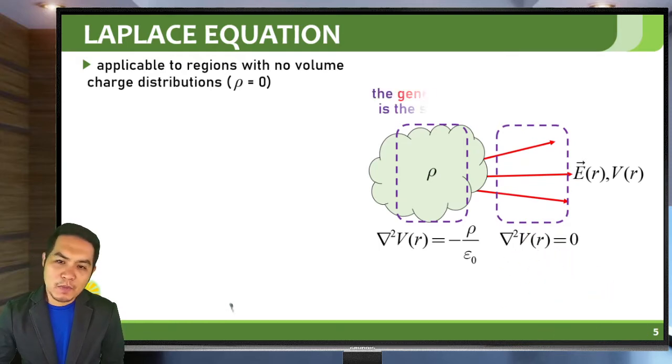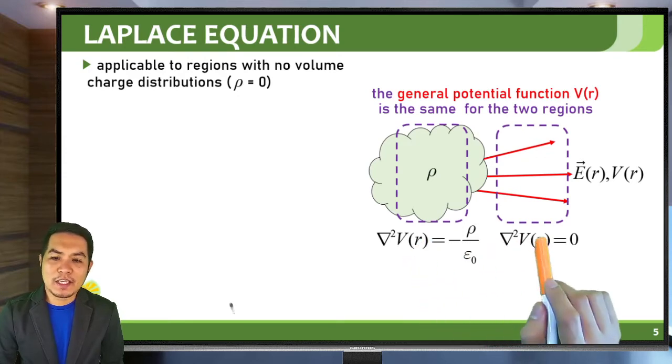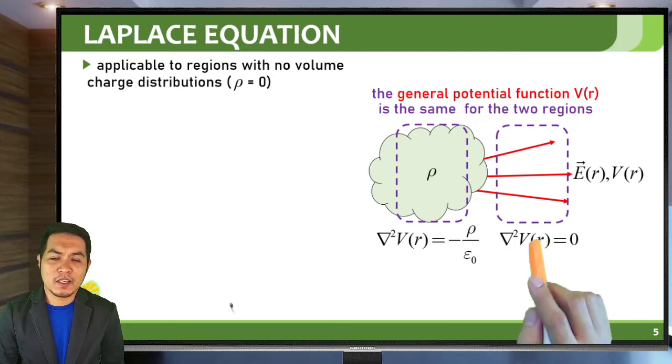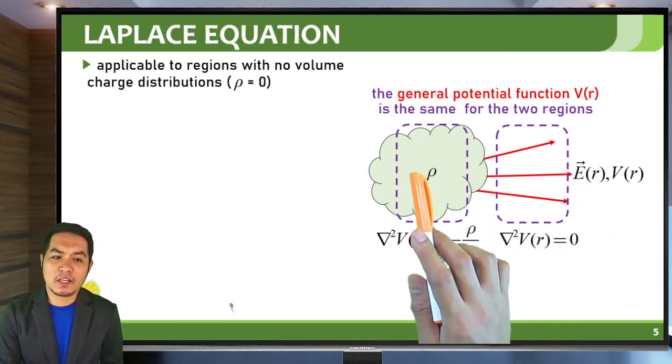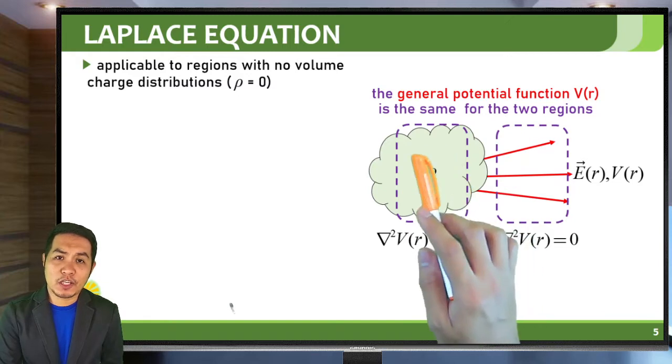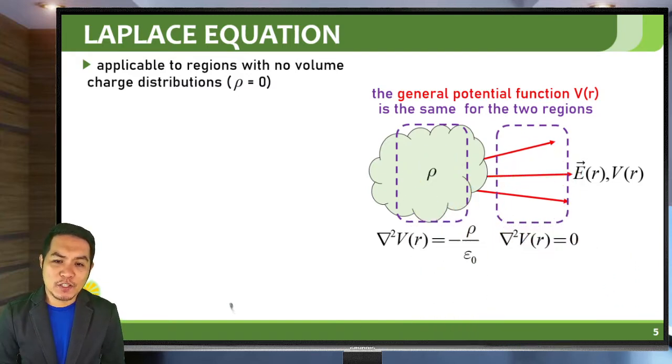But take note that this potential here and this potential here could just be the same function. There could just be one general potential function which describes the potential everywhere, in the region where there is a charge distribution and in the region where there is no charge distribution.